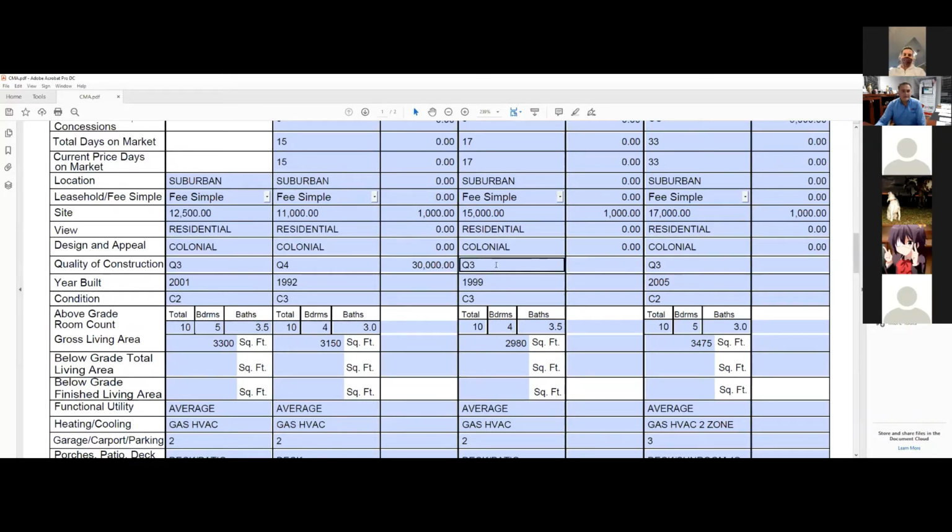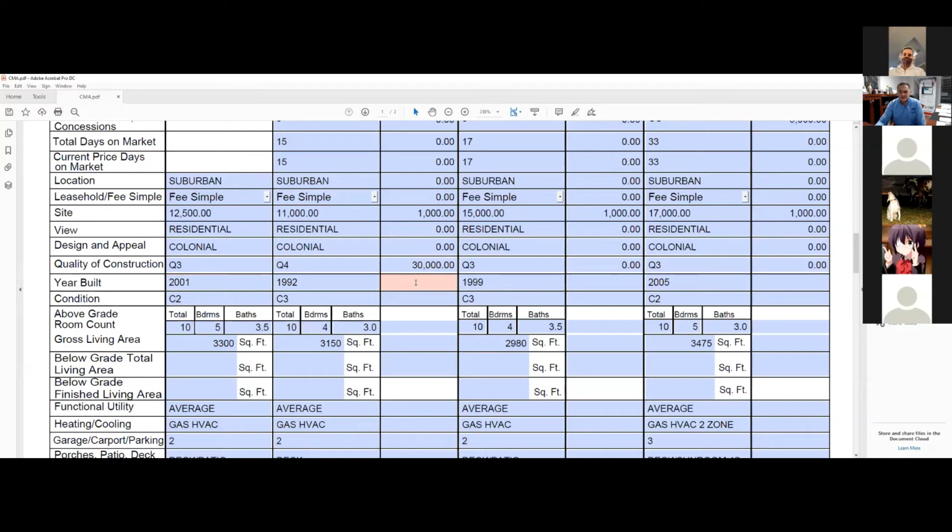Now, this property is Q3, so we're going to have 0 adjustment for that, and it's the same condition or quality, 0 adjustment. This home was built in 2001, and this one was built in 1992. Most appraisers will not give credit, but I do. A lot of agents may do BPOs, and you may want to use this tool too.